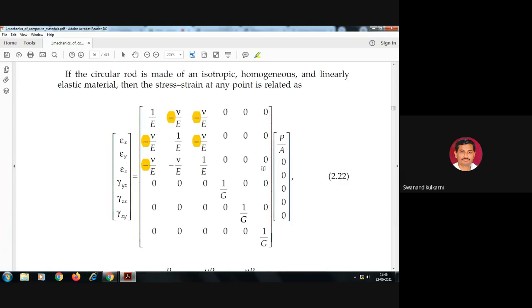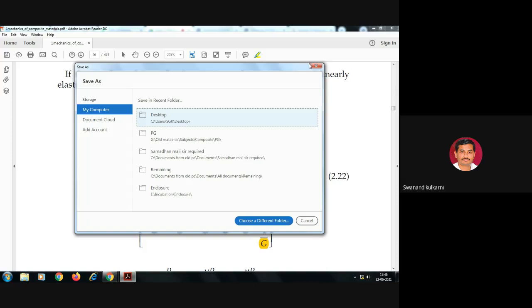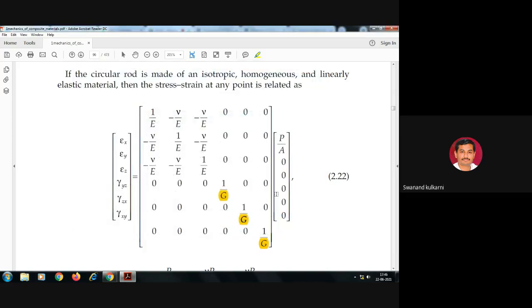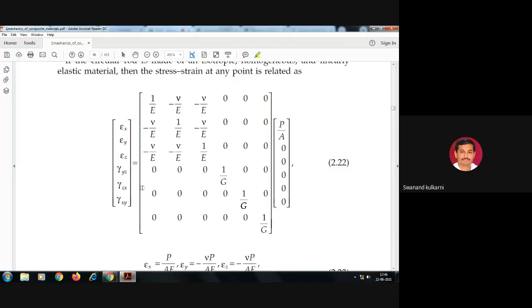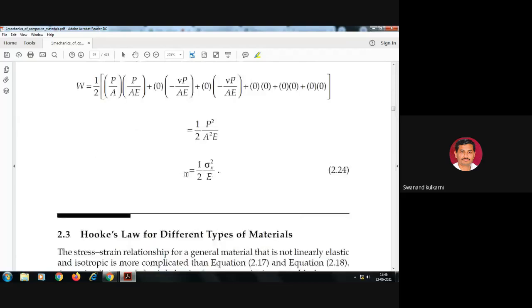And then the remaining 3 elements, out of which this one is S44, S55, and S66. Is it okay? So strain to stress, this particular relationship is given with the S, the compliance matrix. Is it okay?